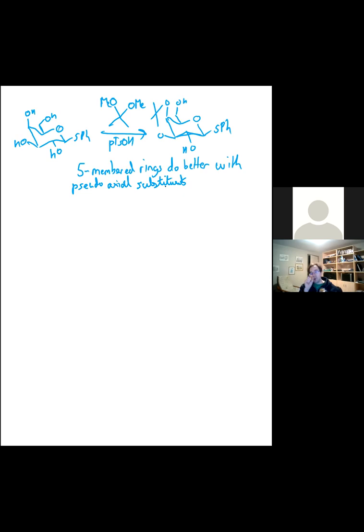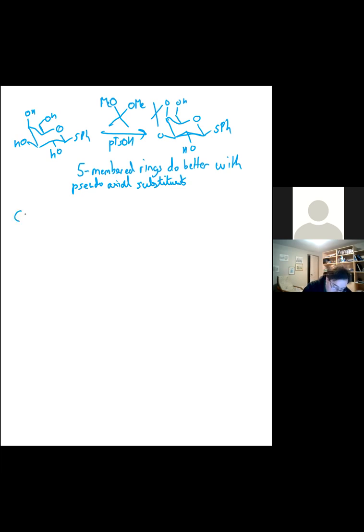So in the benzylidene, it was because there was one substituent. There was a hydrogen and a phenyl group, and a big phenyl group could sit equatorial. Whereas with this one, you'd have one of those axial if you went to a 6-membered ring. So it chooses instead to go to the 5-membered ring. So in this case, what we end up getting is we end up protecting carbons 3 and 4. And why do we get that?